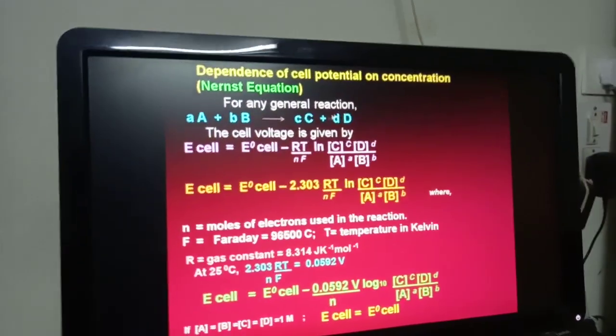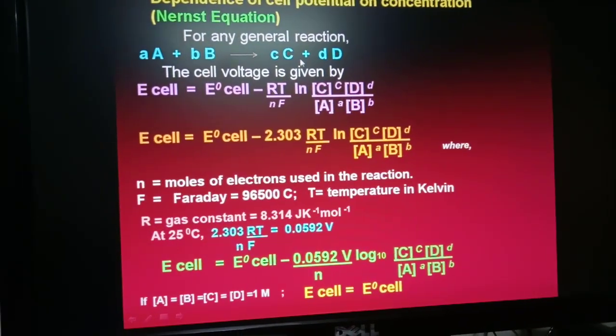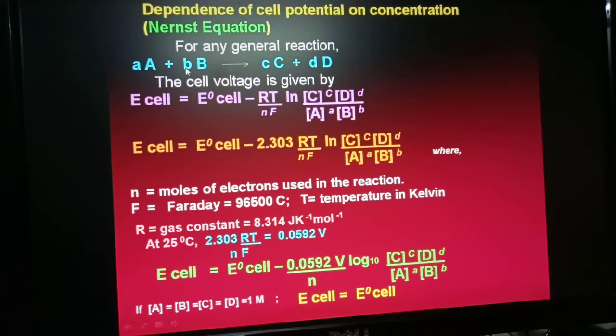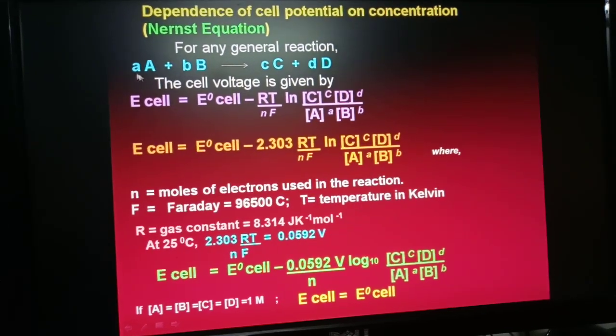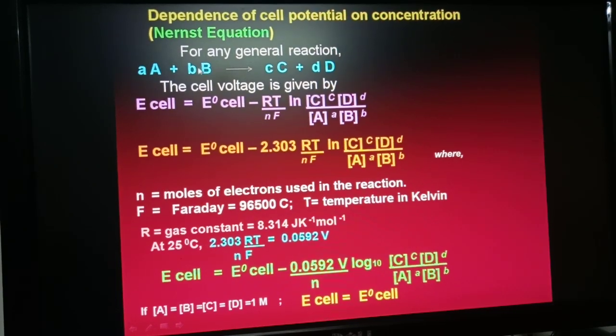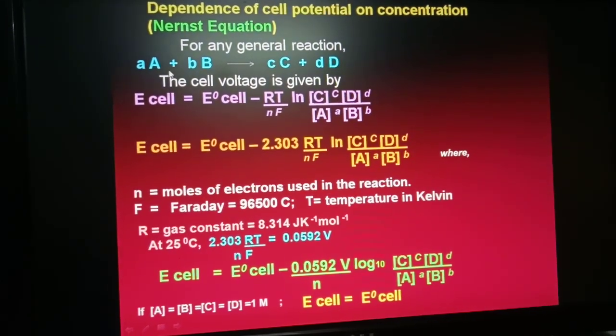Consider a general reaction, aA plus bB gives cC plus dD. In this reaction, small a and small b are the number of moles or molar concentrations or activities of the reactants A and B taken here.